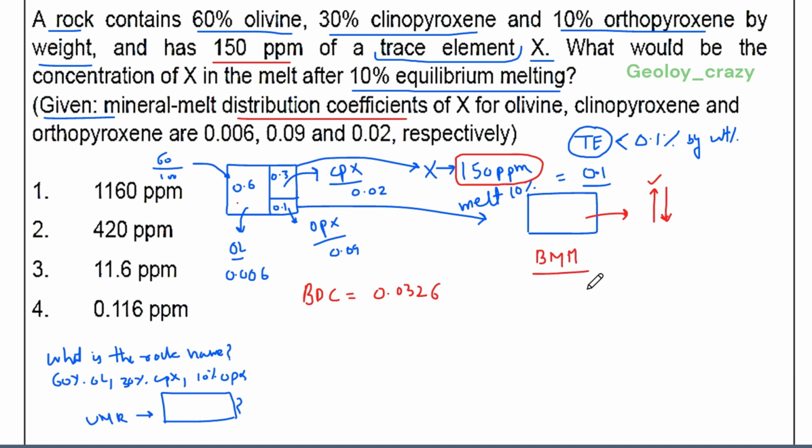Okay, our batch melting formula. Now we will directly put all the values in the batch melting formula, and our formula is Cl upon Co, I will explain this formula also, is equal to 1 upon D plus F(1 minus D). This is our formula.